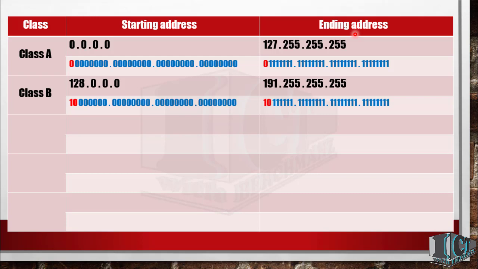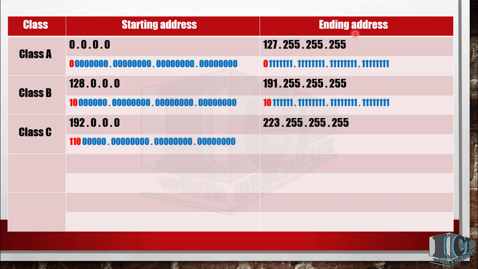You can see again that 1 0 is the pattern for identifying class B. In class C, the starting address would start with 192.0.0.0 and end with 223.255.255.255, and the binary notations would look like this.